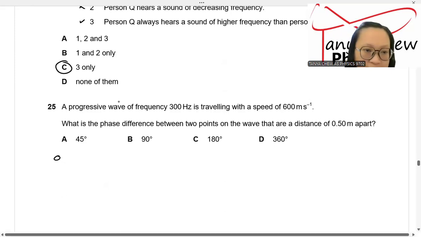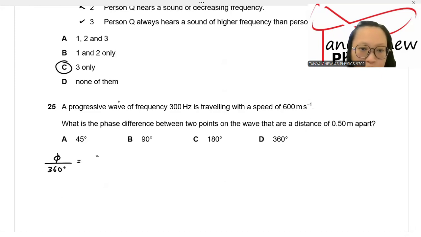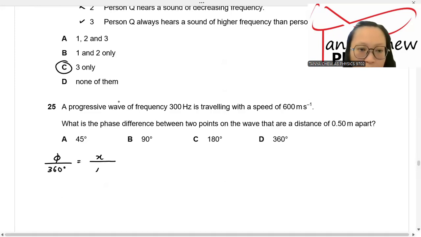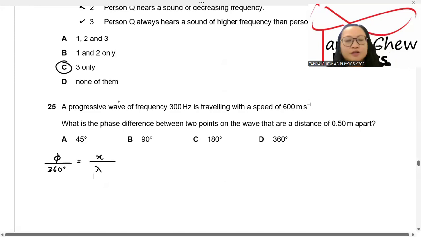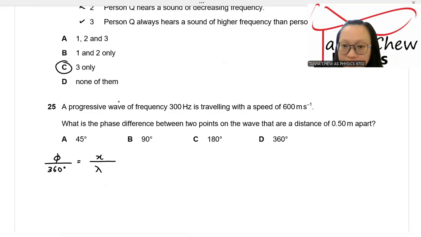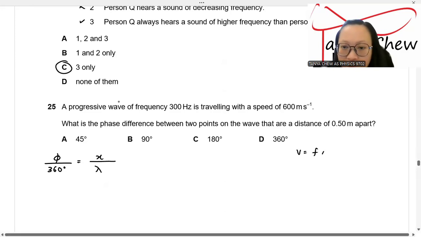So all you need to do is phase difference over 360 degrees is equal to path difference over wavelength lambda. That's the reason why they give you the frequency and the speed, because from the wave speed equation, v = f lambda, you can find the wavelength. Lambda is equal to speed over frequency.